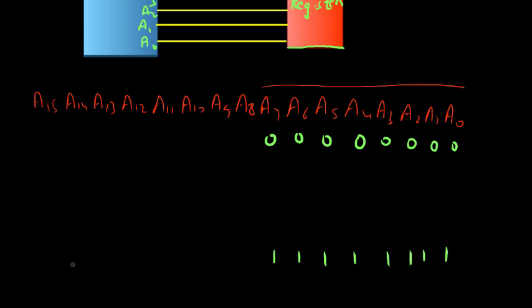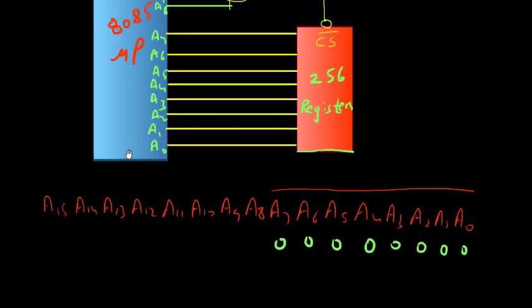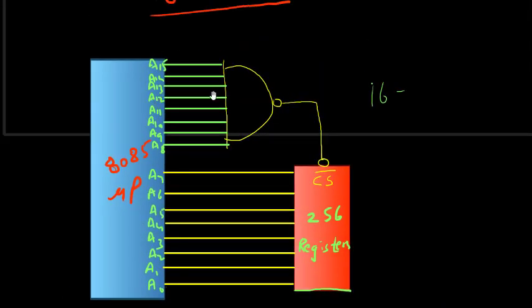Now the remaining address lines from A8 to A15 are connected to the NAND gate. To select this chip, the output of NAND should be 0, because if it is 0 then the chip select gets activated. For a NAND gate, the output is 0 only when all the inputs are high.